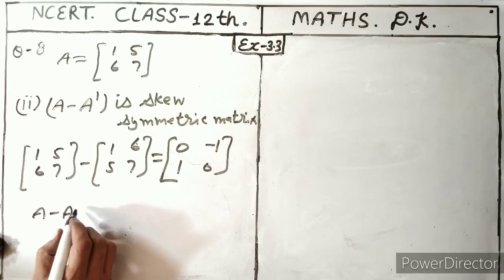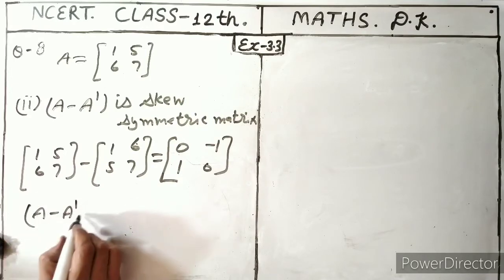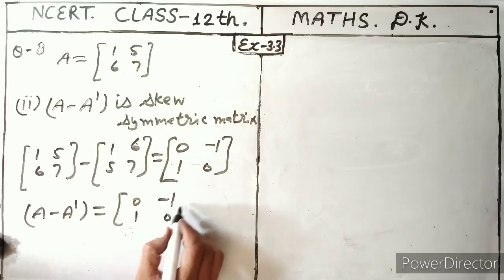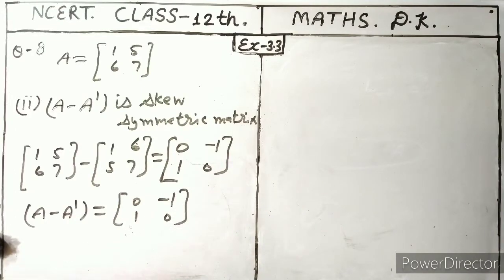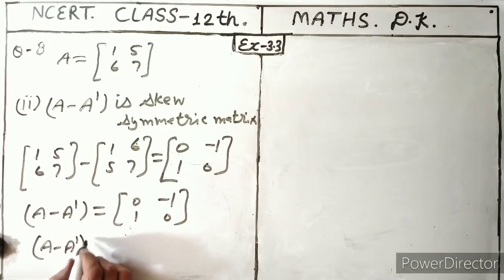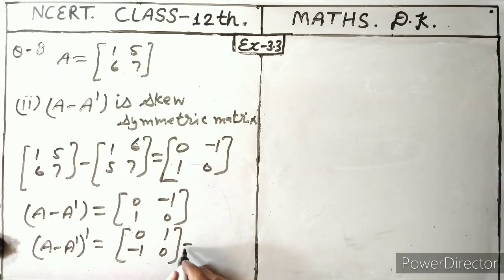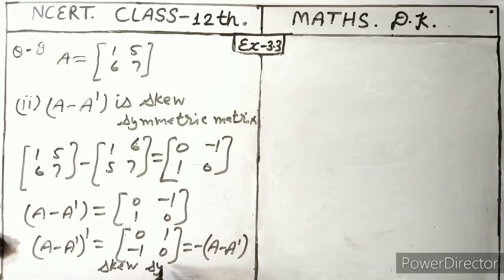A minus A transpose is 0 minus 1 1 0. And we find it is skew symmetric. It means the transpose of A minus A transpose is 0 minus 1 1 0, and this is equal to negative of A minus A transpose. Then it is skew symmetric.